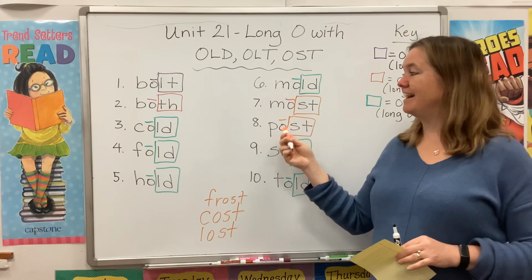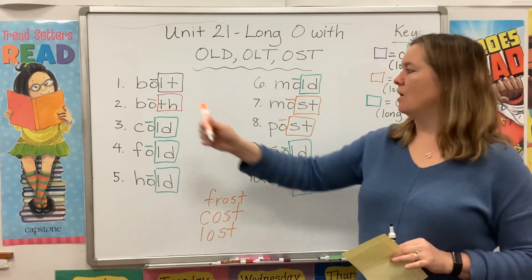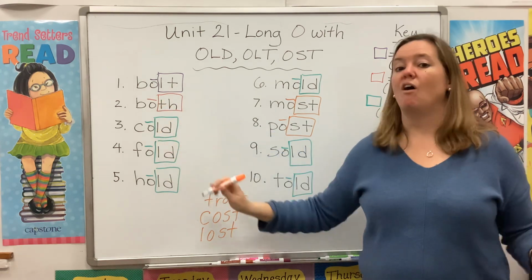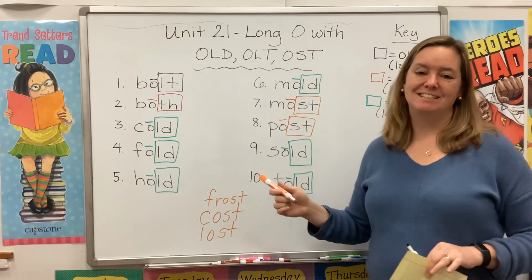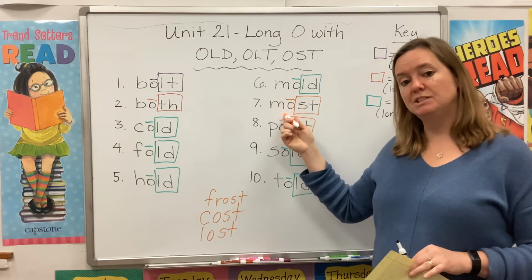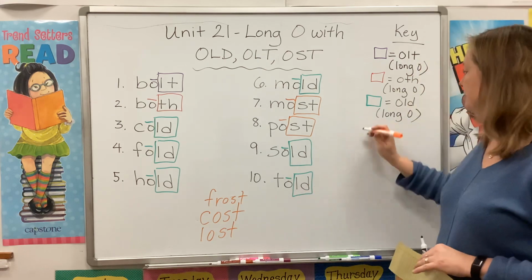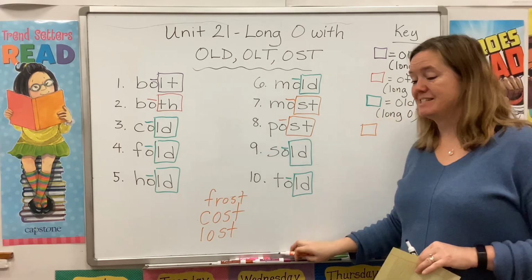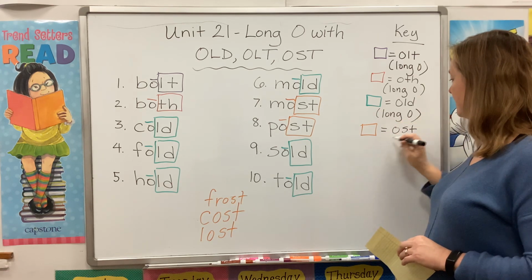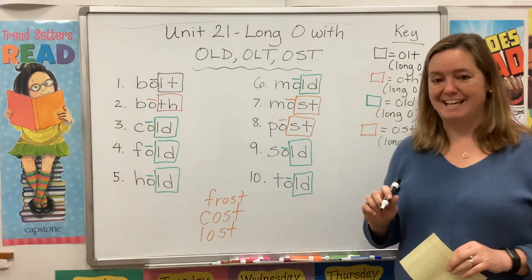So this pattern only works about 50% of the time, right? The OTH, almost never. The OLD, all the time. OST, about half the time. Sometimes it'll say ost. Sometimes it'll say ost. Okay? But for today's list, anything in an orange box is going to make the long O sound.